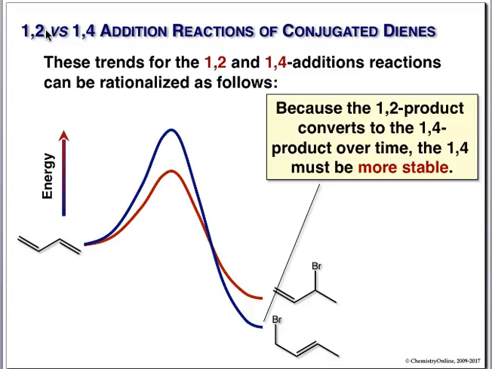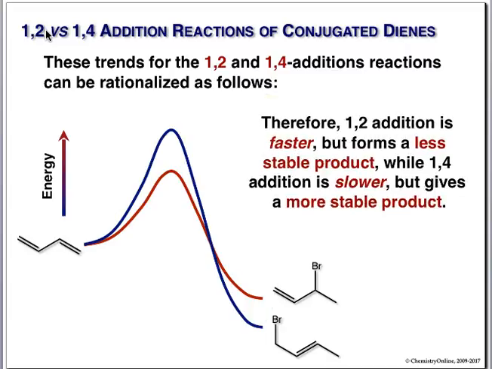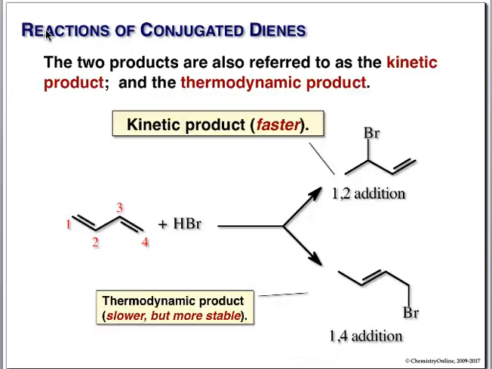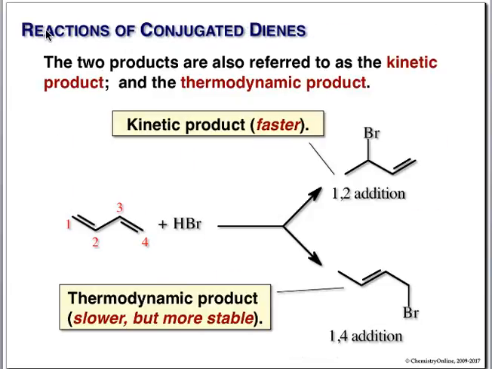So the 1,2 forms faster, but the 1,4 is more stable. When we talk about these two, you should remember these terms because you might see them again. The 1,2 addition product is called the kinetic product.